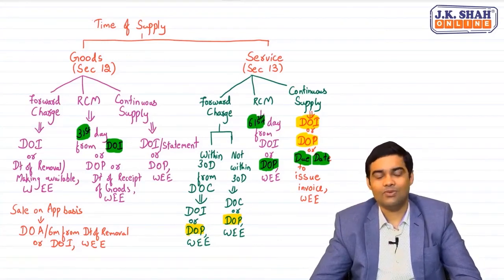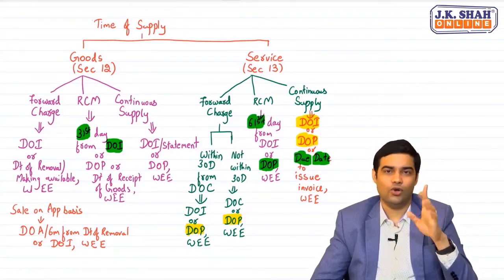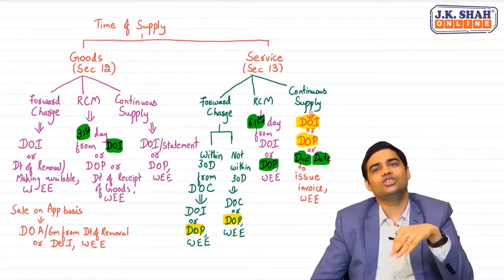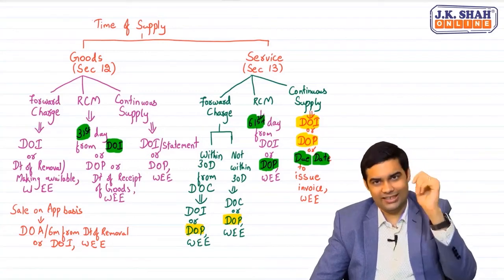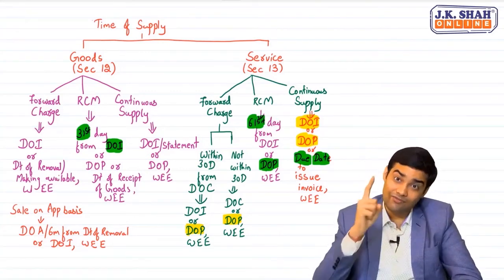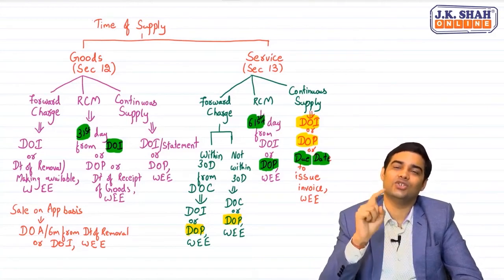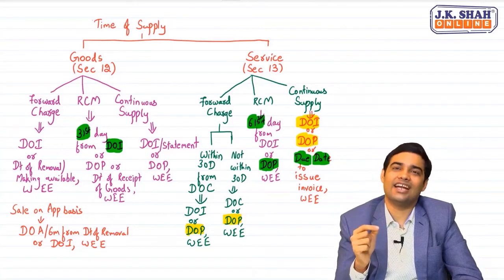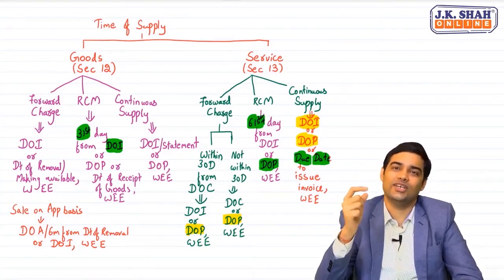For example, if the first floor is completed on 5th, I issue the invoice on 6th, I receive the payment on 7th, what would be the time of supply? 5th. Why? Because that becomes the due date to issue invoice. So completion of each event would be regarded as an instance of due date to issue invoice.